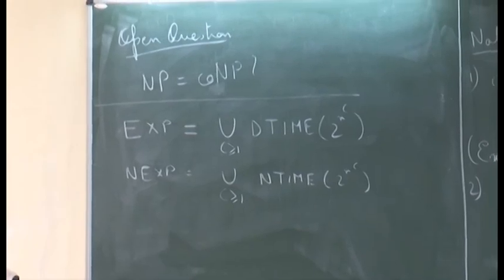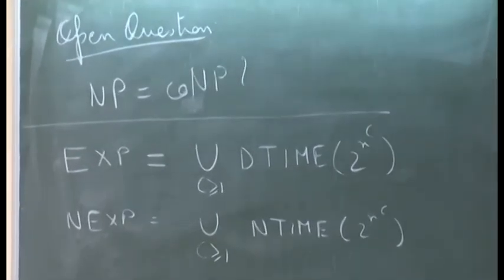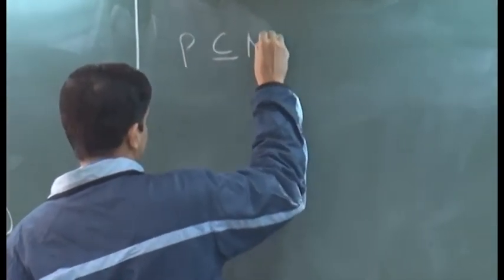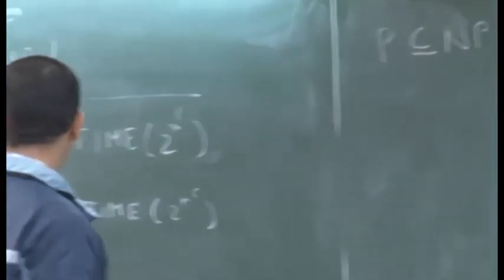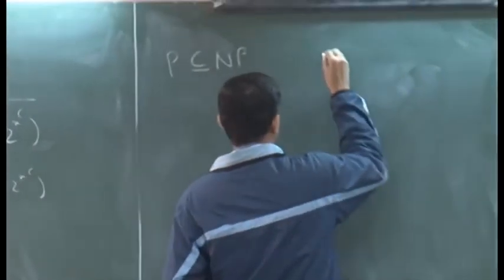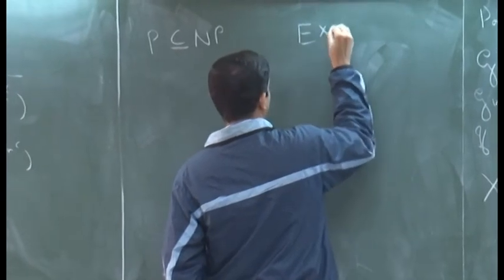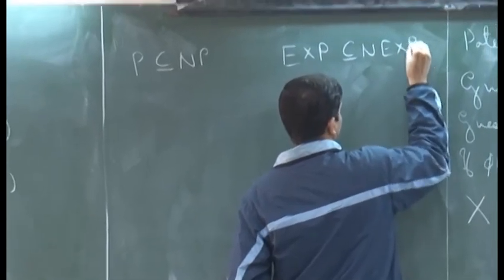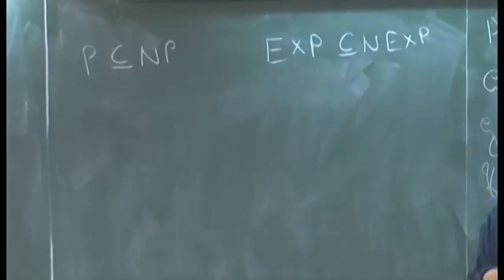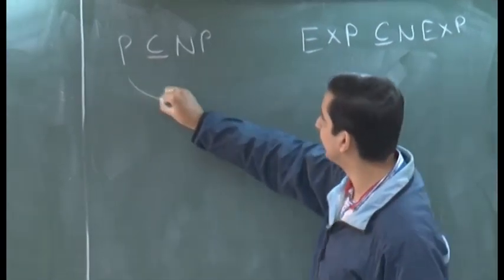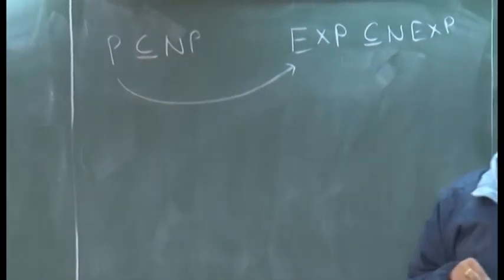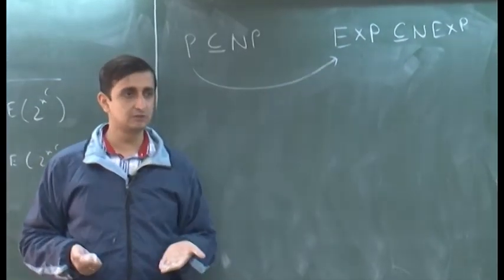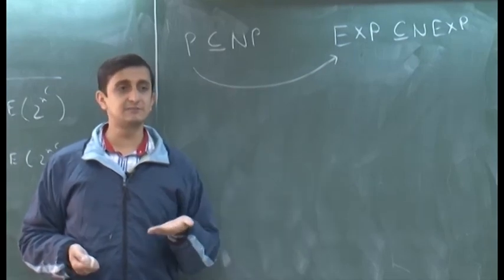So, what are the known relations between these classes? By definition we know that P is contained in NP, okay. And again by the definition of EXP and NEXP, we know that EXP is contained in NEXP as well. Also from the definition we know that P is contained in EXP as well. Okay. So, we can give an EXP algorithm for SAT as follows: just run through all possible strings of length n.